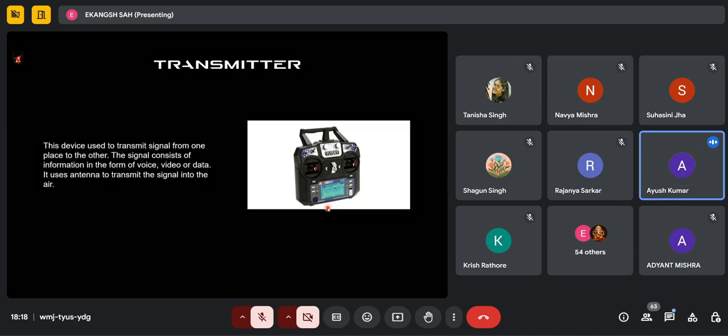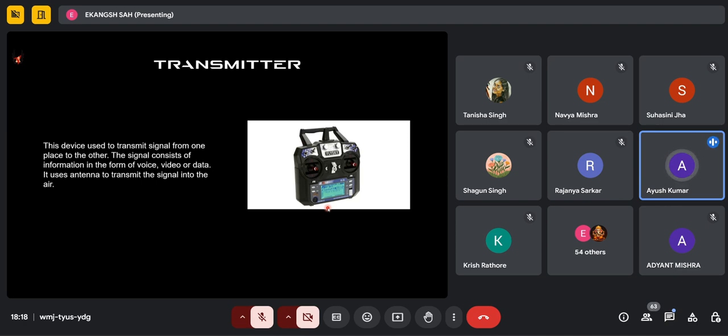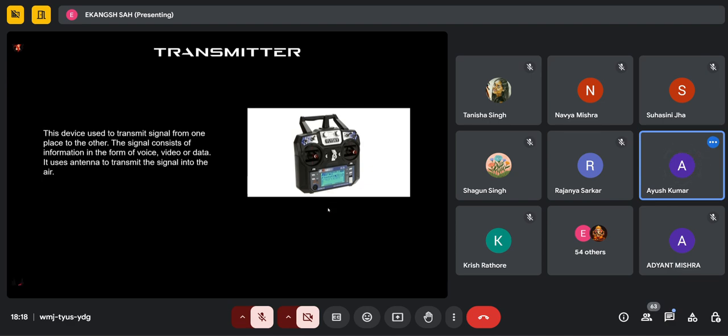This is done to avoid interference with other transmitter and receiver frequencies. This hopping pattern is recognized only by the individual transmitter and receiver as they work in synchronization, and it cannot be predicted by other transmitter receiver pairs. Next slide.